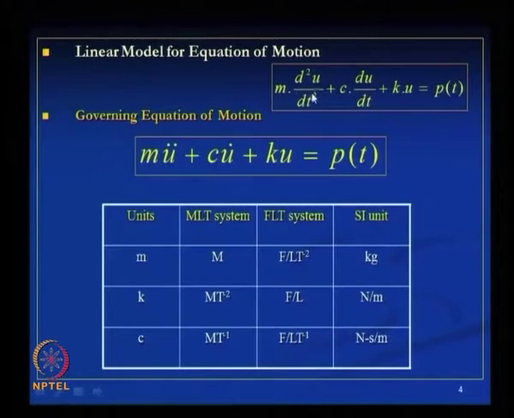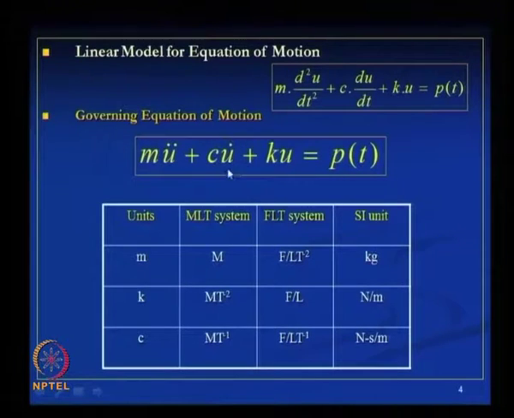Mass times acceleration is our inertia force, plus damping coefficient times velocity gives us the damper force or loss of energy, plus stiffness times displacement gives us the stiffness force, equals the externally applied dynamic load.